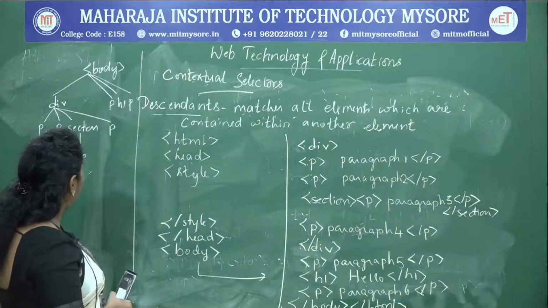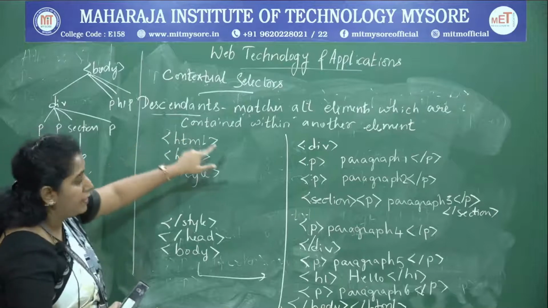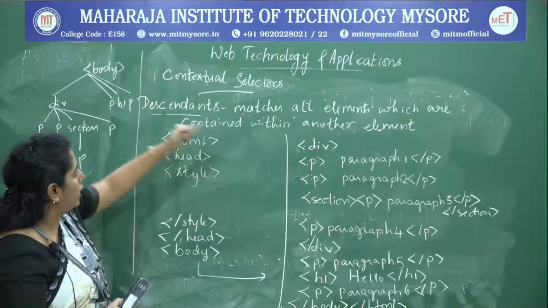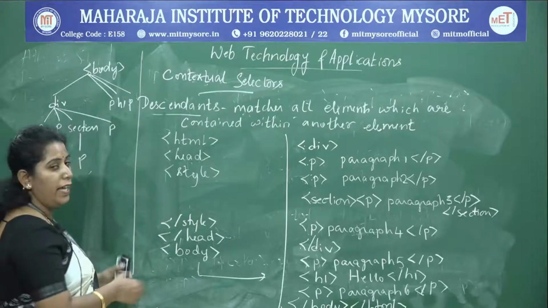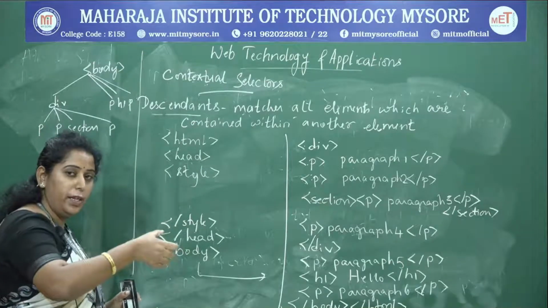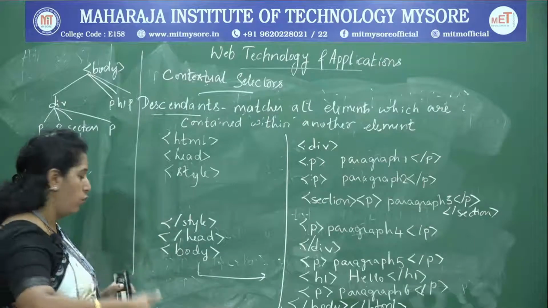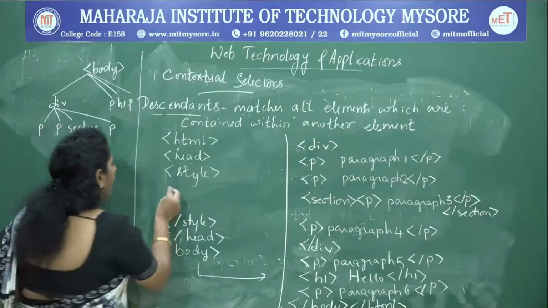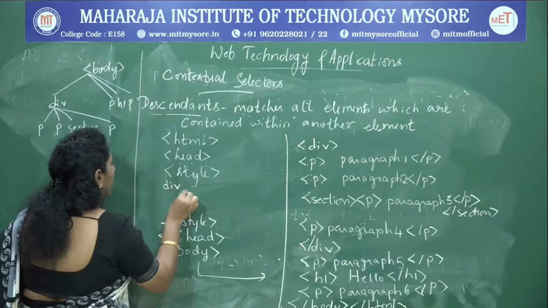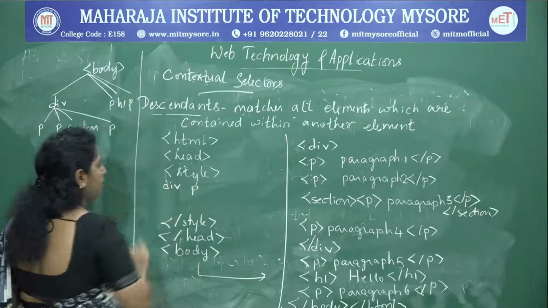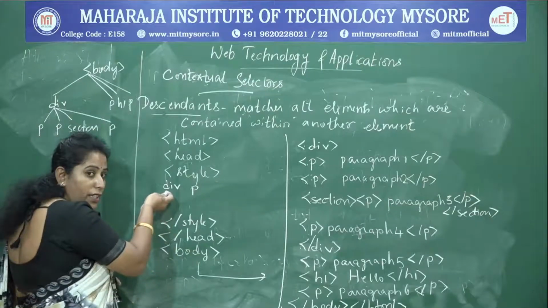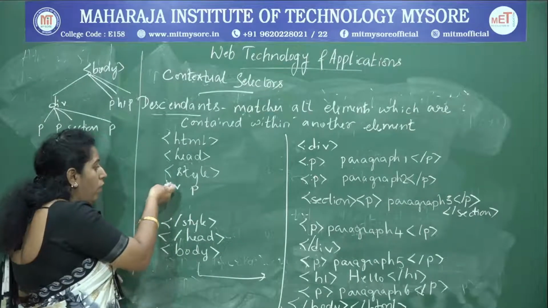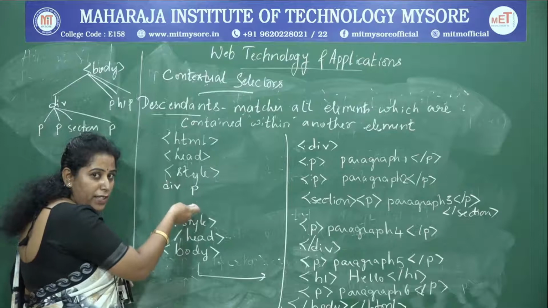So now, descendants means matches all elements which are contained within another element. Is it right? So I have to set for which element you are setting the rules. Style. Okay. I will take div space P. It thinks that for an element div, what are all the descendants present?